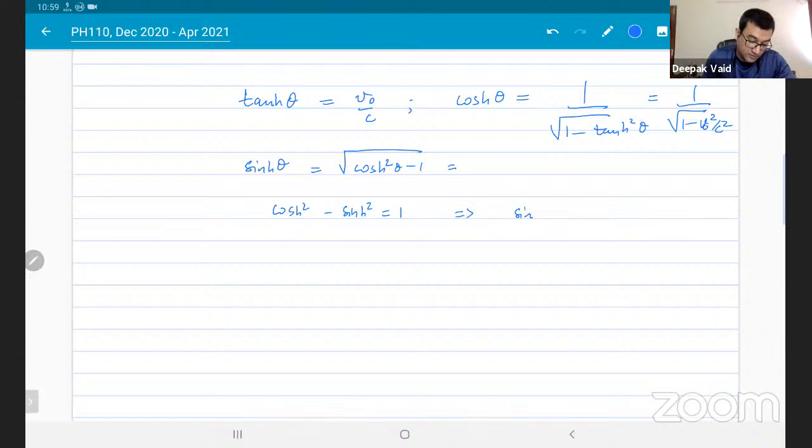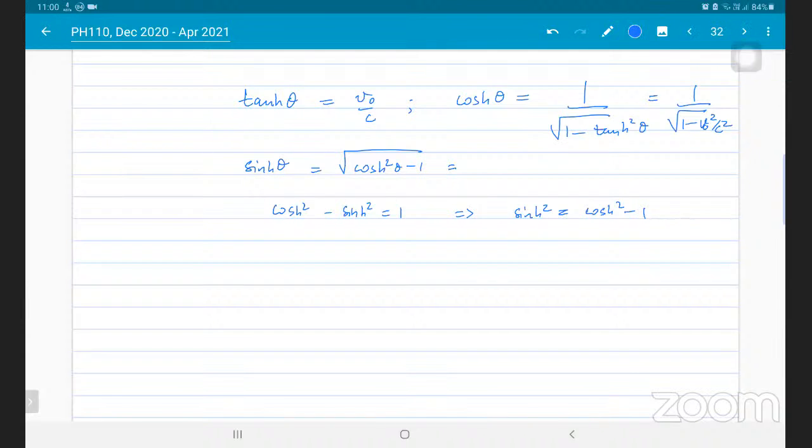So sinh square is equal to cosh square minus 1.